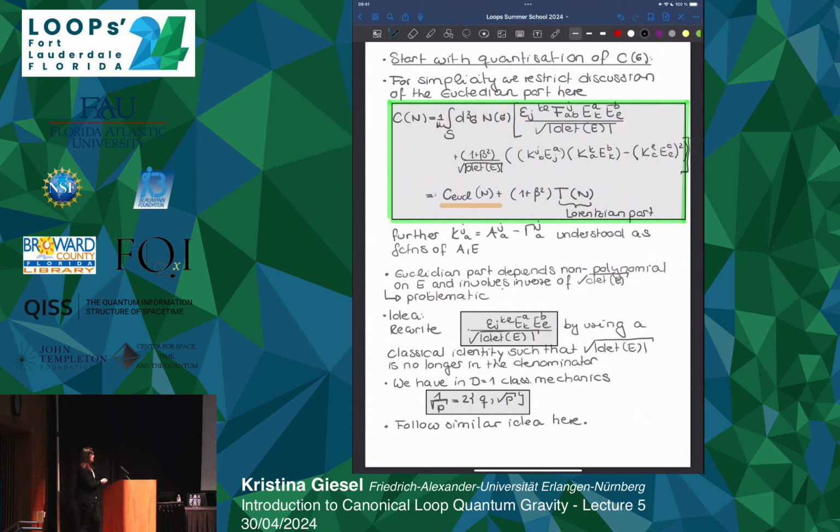In the second part, it's written in terms of the K^j_a variable here, so the extrinsic curvature, but this is understood as a function of Ashtekar-Barbero variables because we can write it as A minus the spin connection, where the latter was just a function of the densitized triads.